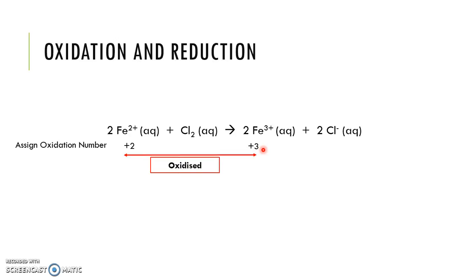Therefore, iron has been oxidized. For chlorine, on the other hand, the oxidation number has changed from 0 to -1. This means that chlorine has gained electrons, and gaining electrons means chlorine has been reduced.